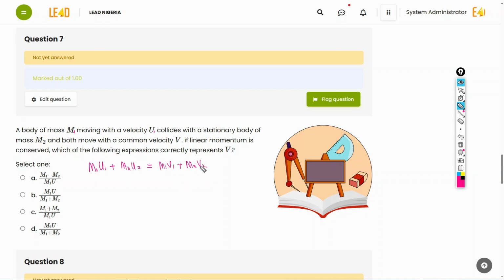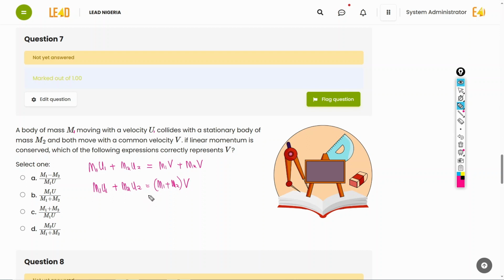All right, but then because v1 and v2 are the same, because it moves with a singular velocity, we could actually just write this as v and v, because they're both the same, which simplifies this to m1u1 plus m2u2 is equal to m1 plus m2 times v. So we can factor out v like that.